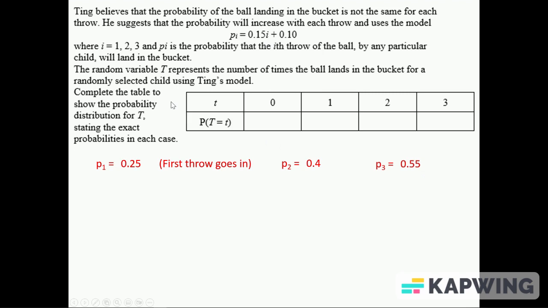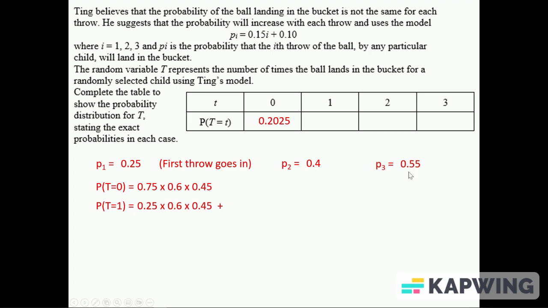And then it starts getting complicated now. Probability they miss all 3 times is going to be 0.75 times 0.6 times 0.45, because these are the probabilities of missing on the first, the second, and the third go, which is 0.2025. Probability they get one of them in: it might be the first one goes in, so it's 0.25 times 0.6 times 0.45.